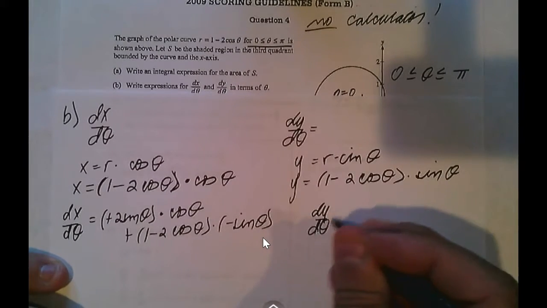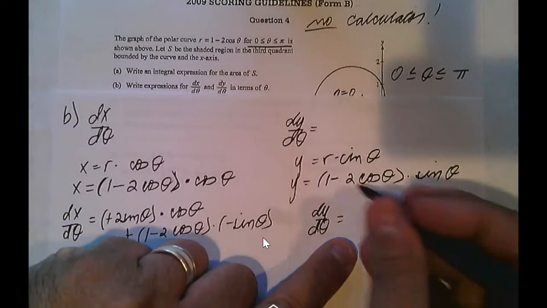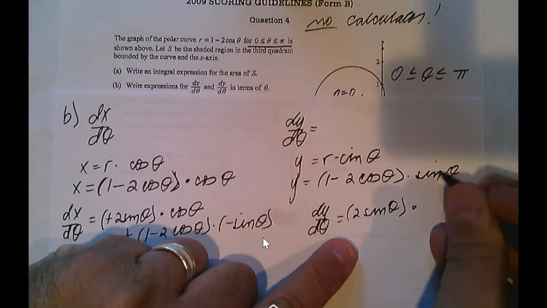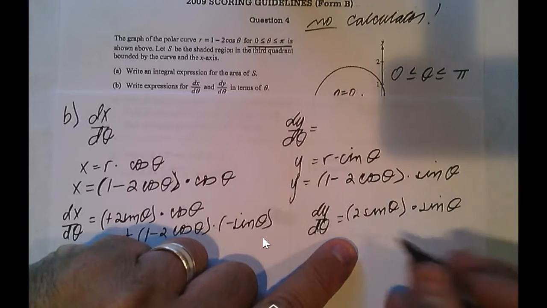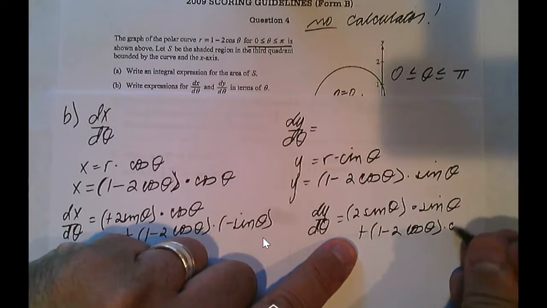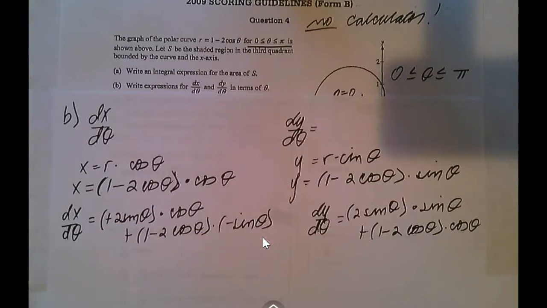For dy d theta, again, product rule: derivative of the first is 2 sine theta, leave the second one alone, plus the first times the derivative of the second.